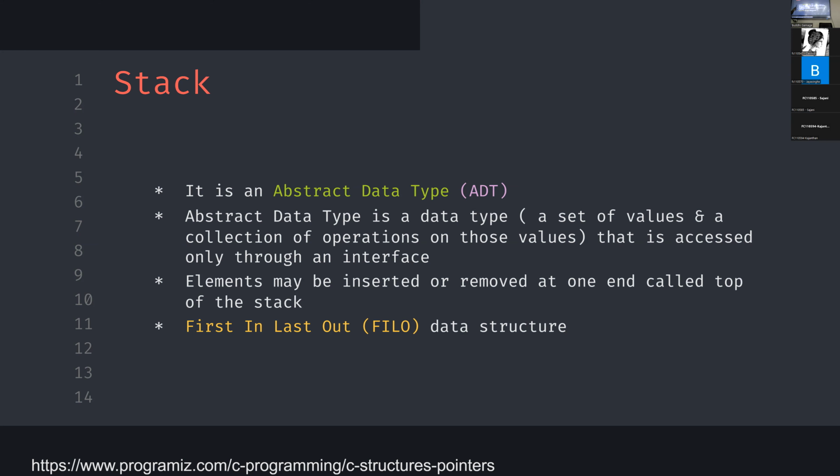So that's what this abstract data type means. By being abstract, they have some necessary rules that you need to follow. That necessary rule is first in, last out.